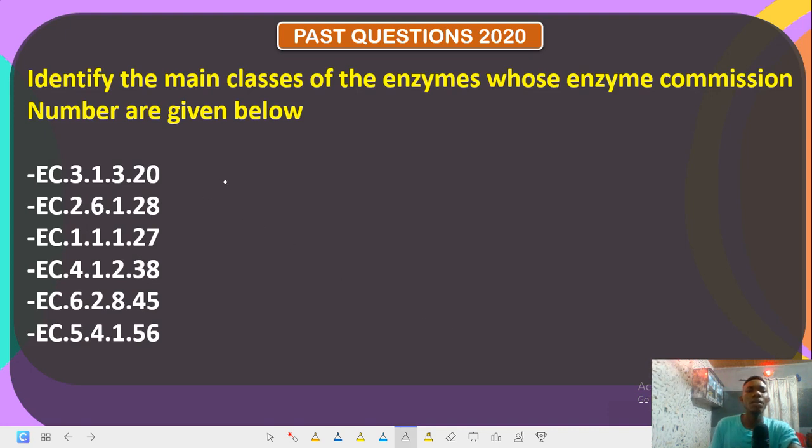Now, let us identify and classify the main class of the enzyme whose enzyme commission numbers are given below.